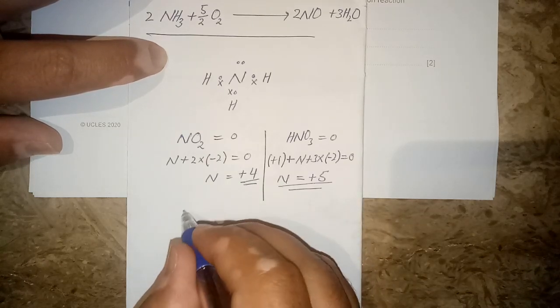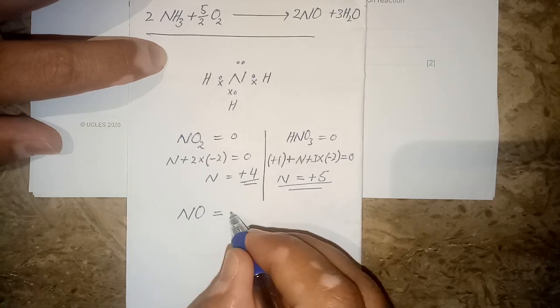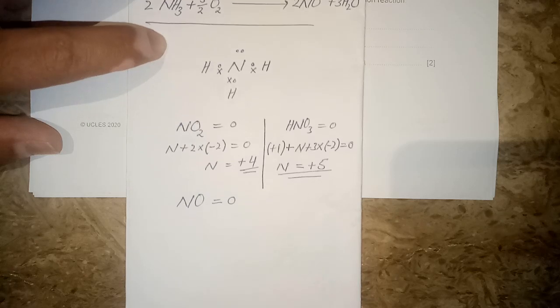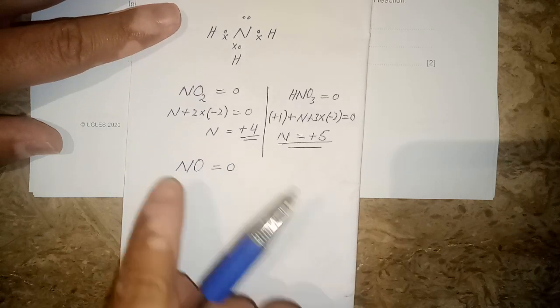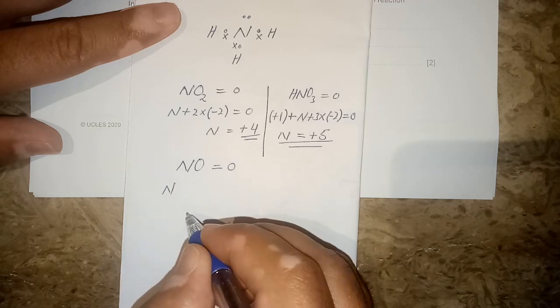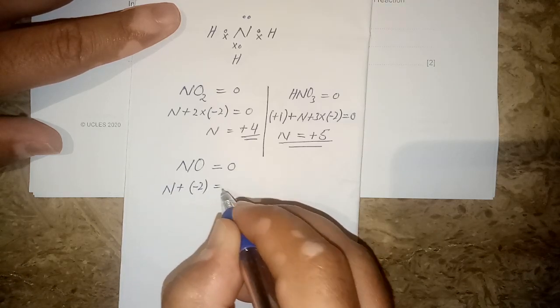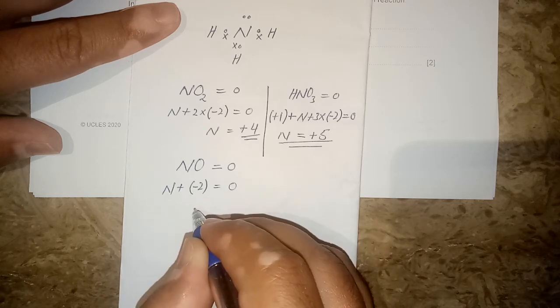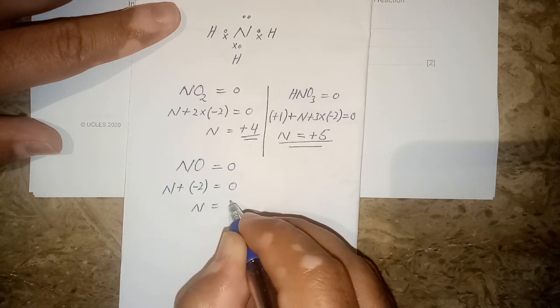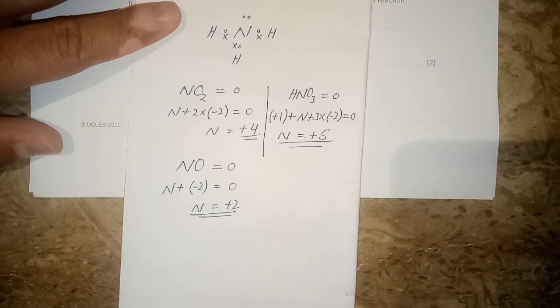Now we're left with only NO. It's very simple, as this is again a neutral molecule, so the oxidation states of all the atoms present in this molecule must sum to 0. And as we have to find the nitrogen, plus we know the oxidation state of 1 oxygen which is -2, when it goes to the other end of the equation it becomes positive, and the final answer is +2.